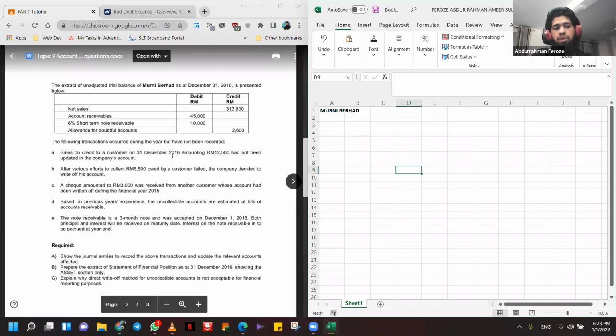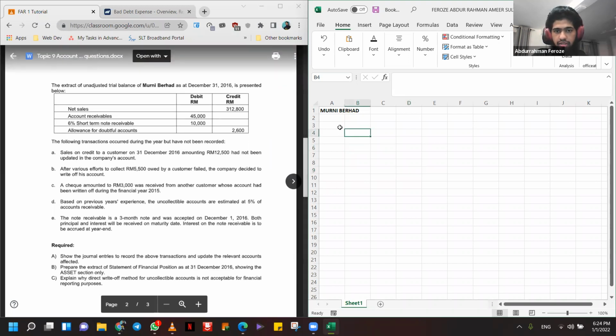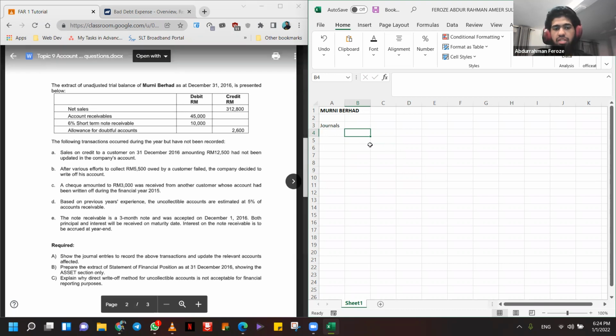Okay, so for this question, for part A, sales on credit to a customer on 31st December 2016 amounting to 12,500 have not been updated in the company accounts. Can anyone say what should be the double entry for this transaction for part A?